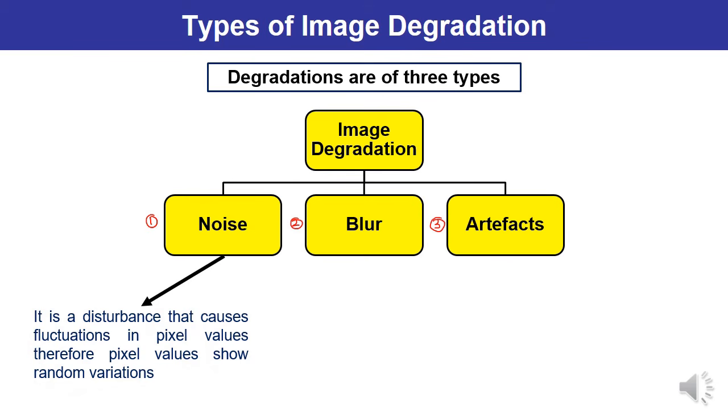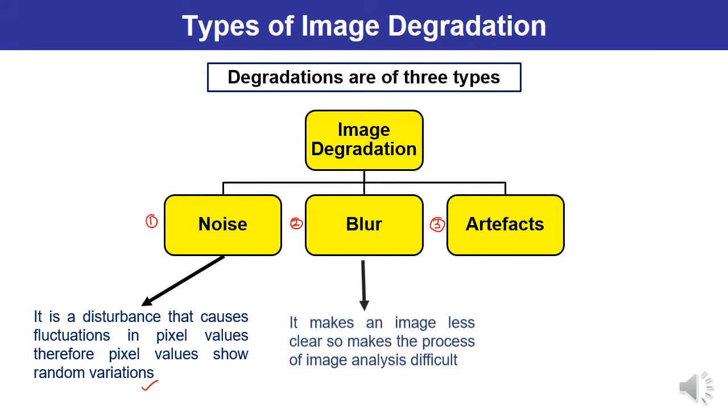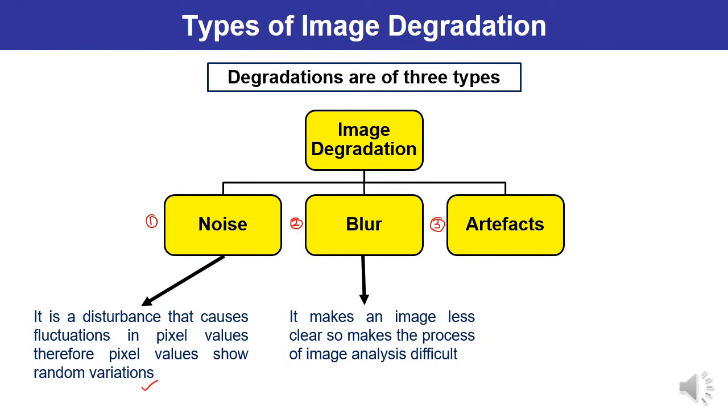As I have told you, noise is a disturbance that causes fluctuations in pixel values. Therefore, pixel value shows random variation. Blur makes an image less clear, so it makes the process of image analysis difficult. Obviously, when the image quality is not good, when the image is very less clear, how can you do the image analysis?